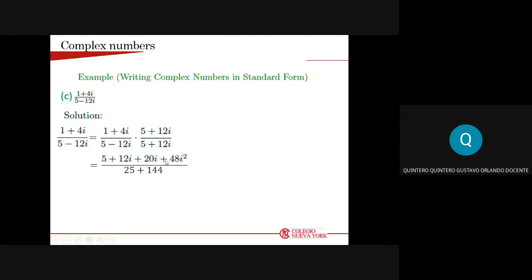So we have positive 48 times minus 1, right? This is negative 48. So we have 5 minus 48, negative 43. 12i plus 20i, this is 32i, and the denominator is 169. Split these two, and there we go. We have our solution.